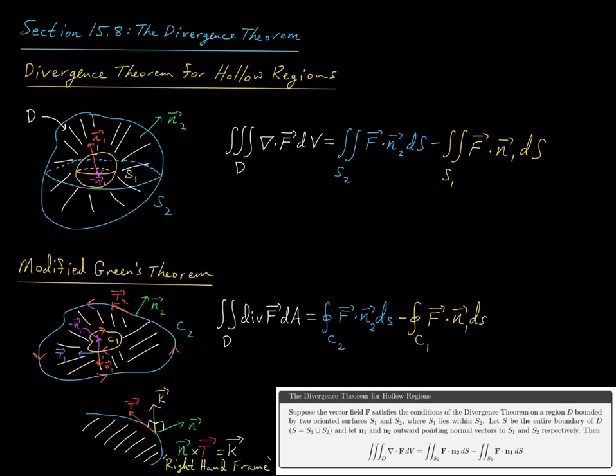I'm going to get negative k. So here it actually is appropriate to take as your unit normal direction negative n1, in other words, the inward pointing unit normal vector, and that's essentially the same convention that is being followed up here.